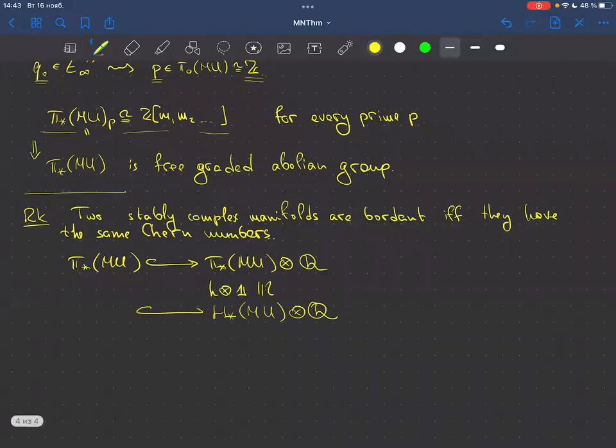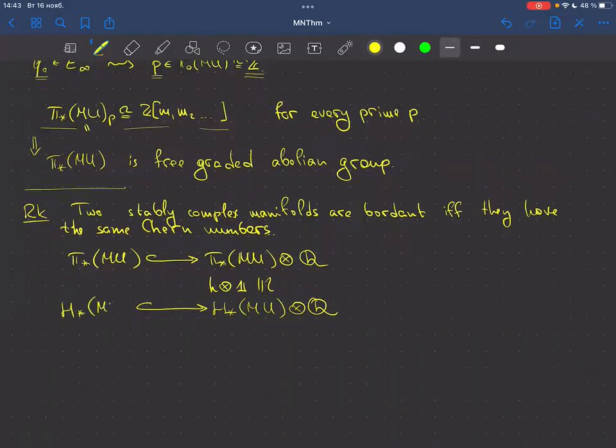And this embeds into here, and this has the homology of MU as a subalgebra.